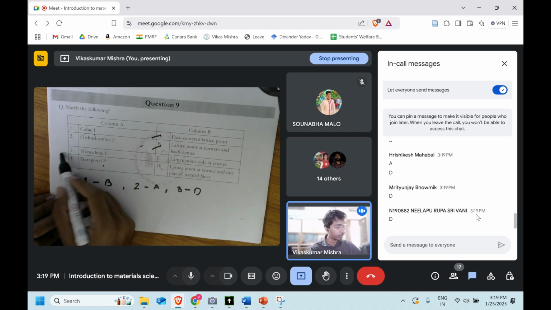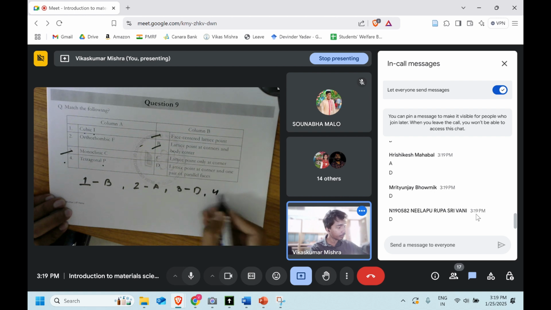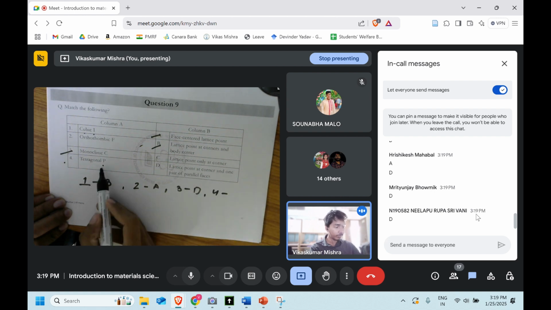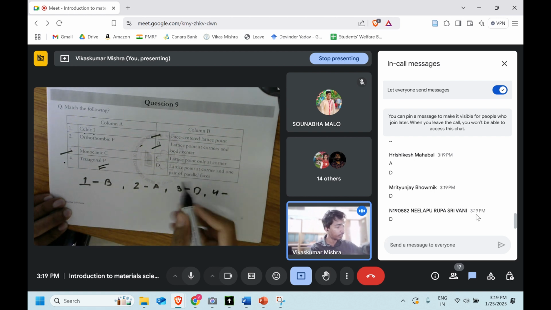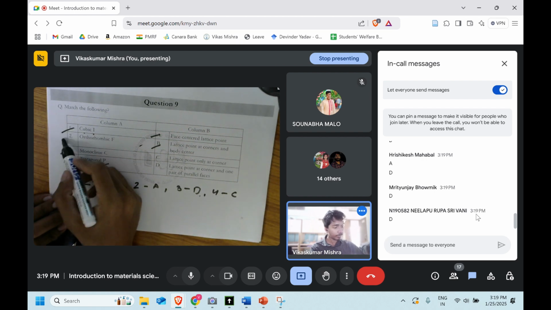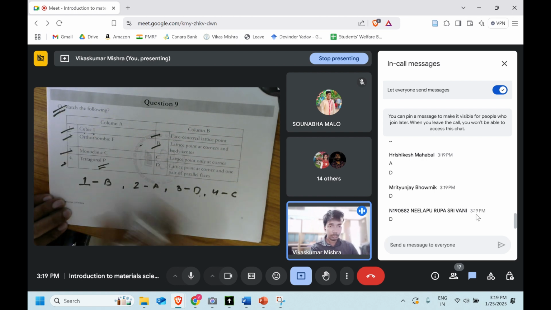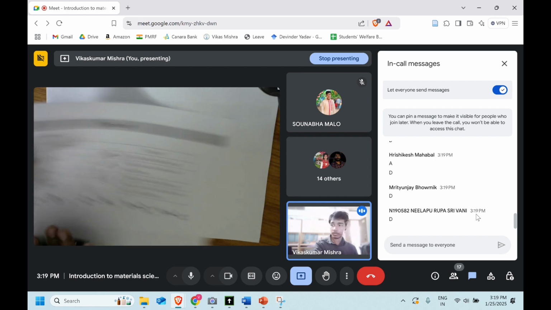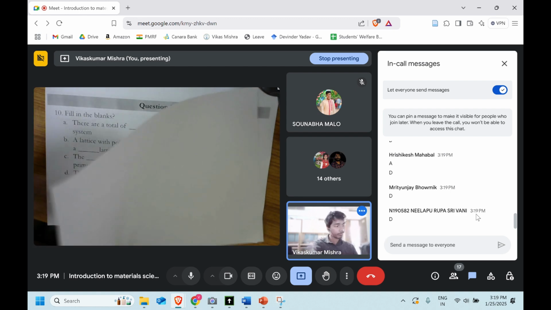The fourth one will be lattice point only at the corner. We know that the tetragonal primitive is only at the corner. That's option C. So that's how we have got B, C, D, B, A, D, and C. It was quite easy. Let's move to the next question.